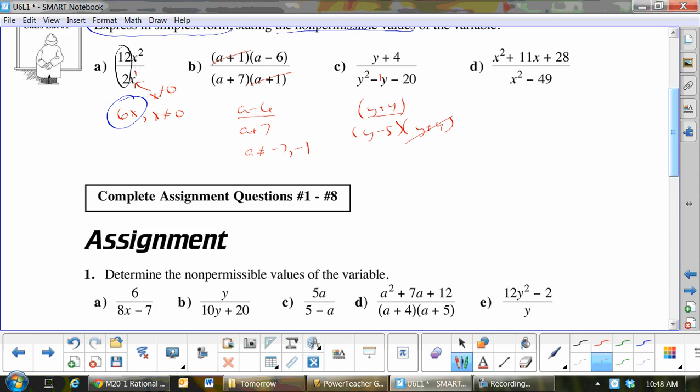These cancel, right? What do I leave up top? A 1. What is the most common wrong answer? 0. Is anything divided by itself ever equal 0? No. Try it on that little black box with buttons on it if you don't believe me. Okay? That will leave you 1 over y minus 5.